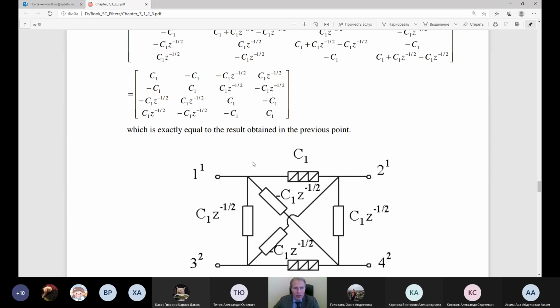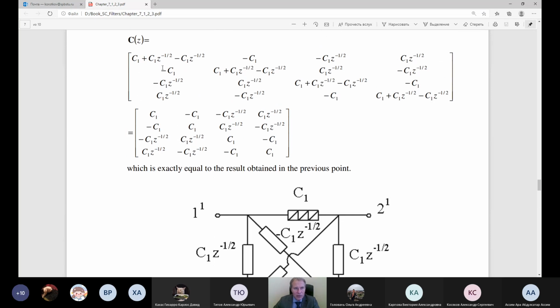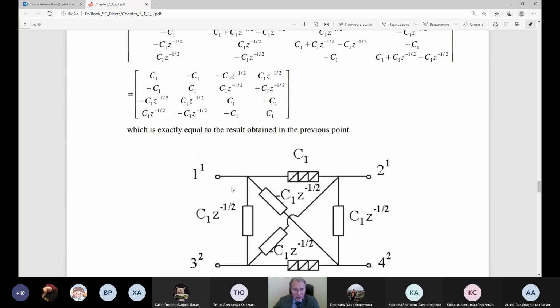So look, for example, for the first node, the element Y11: 3 conductances are connected to the first node, to this one.